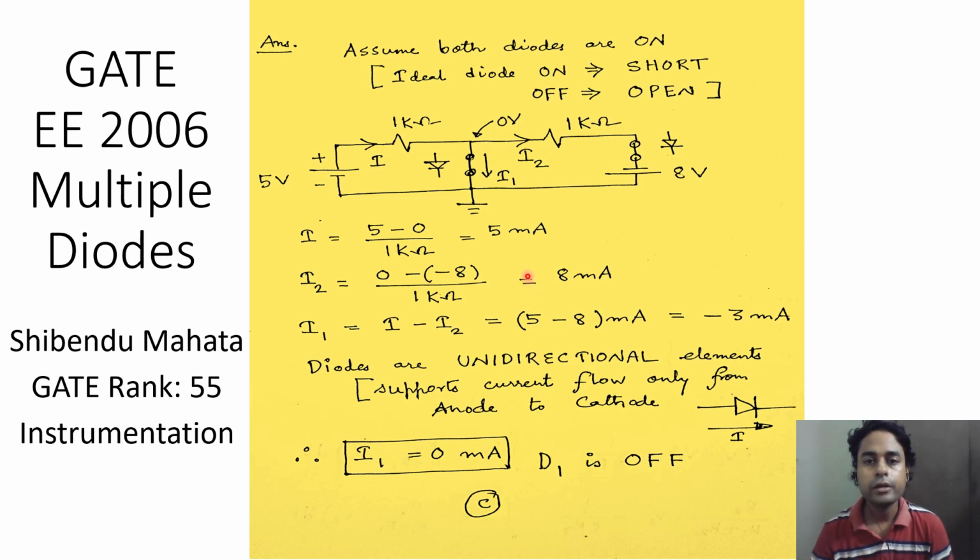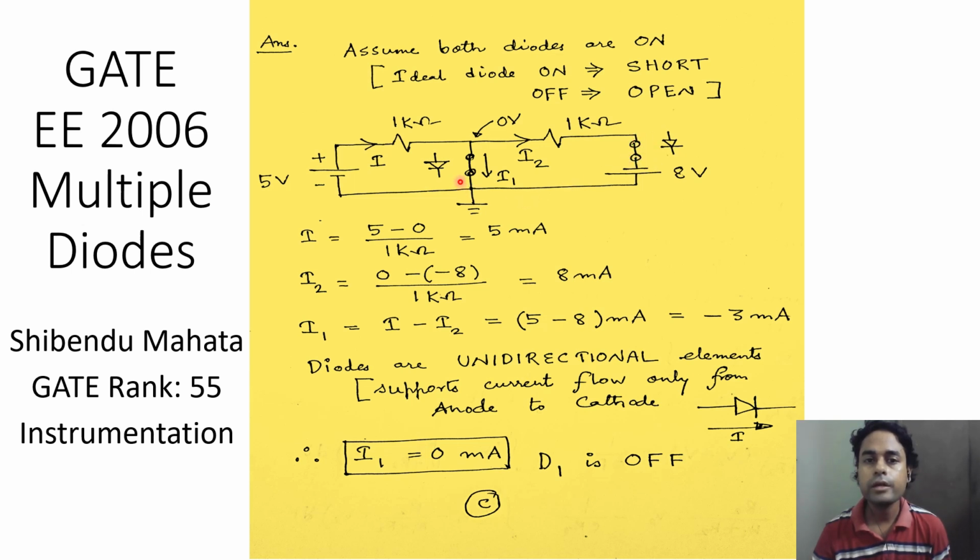Note that in the previous lecture where we had discussed multiple diodes, luckily we had found that both the diodes were on, and therefore we could solve the circuit as it is. Whereas in this case, our initial assumption failed, because we had assumed that diode D1 is also forward biased, or in other words, on, as also diode D2 is on.